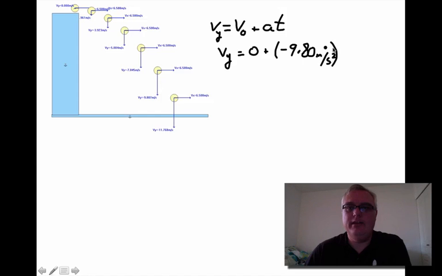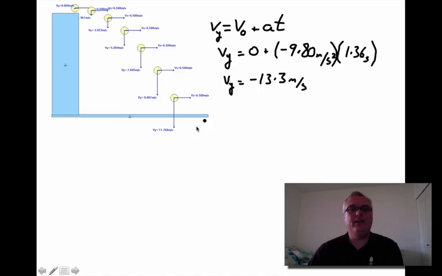And it accelerated downwards for 1.36 seconds. So an object that travels under the influence of gravity for 1.36 seconds will have a final y component of 13.3 meters per second down. So that's the final component vertically downwards.